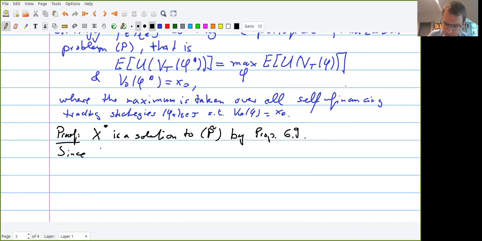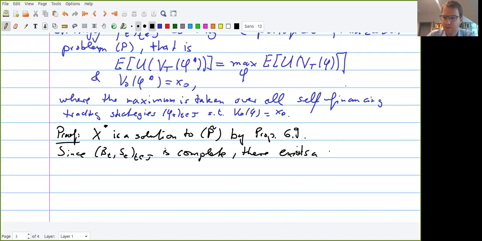Since the market is complete, and arbitrage free, of course, there exists a self-financing strategy. So if I have a complete market, I can find a replicating strategy for all claims.